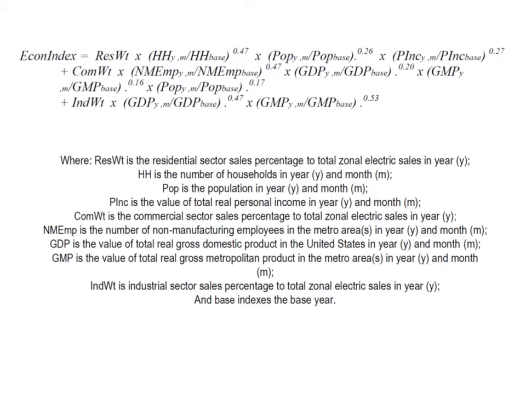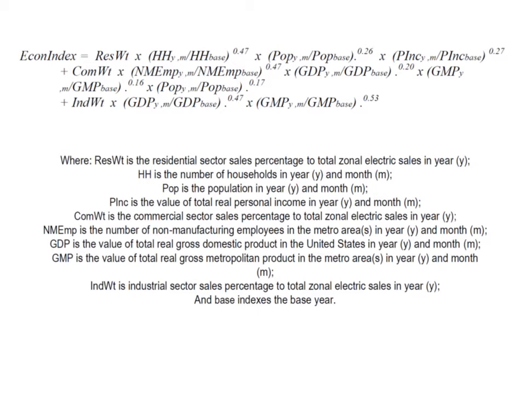And again, you have different variables here. You can pick out GDP and population and stuff like that. And all of these are broken up by year and month, and they're proportional to some sort of baseline, and then they're all raised to some sort of exponent.